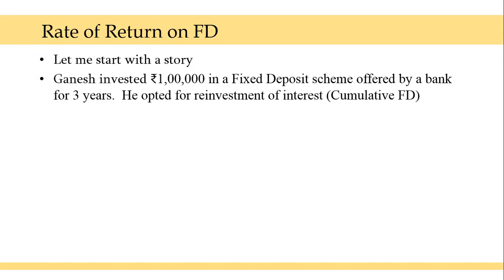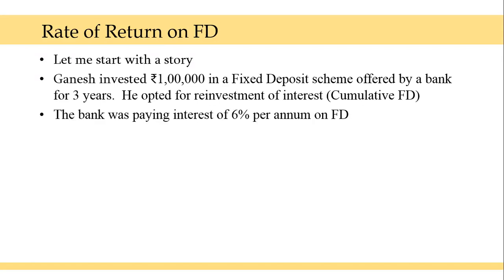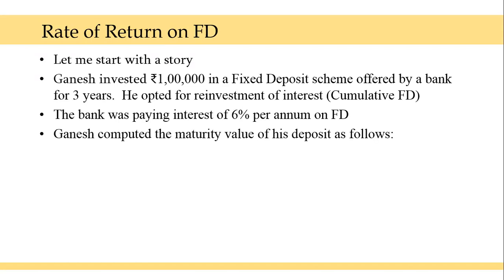So let us assume that Ganesh invested 1 lakh rupees and the number of years for which he has invested is 3. The bank was paying interest of 6% per annum on fixed deposit. Now Ganesh knew how to compute the maturity value of his fixed deposit using whatever finance he had learned in his college days.